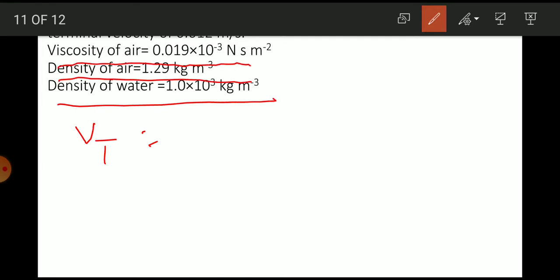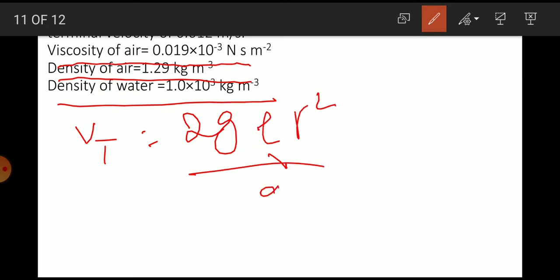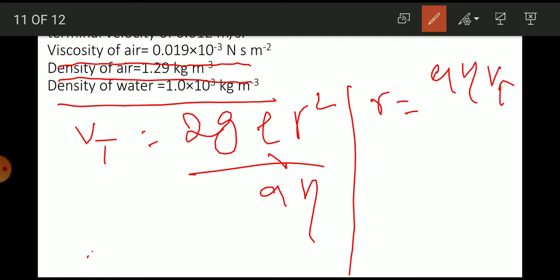I will write the simple relation for you, and you just do it by yourself. Vt is equal to 2g rho r square divided by 9 eta. This is the equation, and we have to calculate the radius. So radius from this is equal to the square root of 9 eta Vt divided by 2g rho.